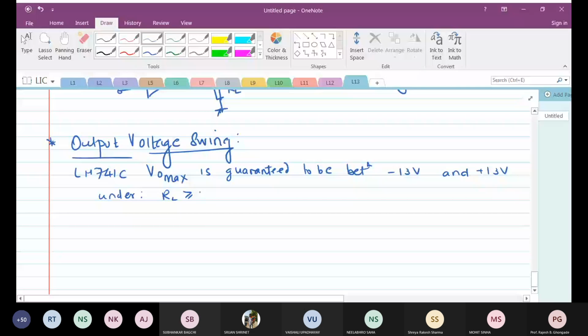So it simply means that you can have 26 volts peak to peak undistorted sine wave for AC input signals.